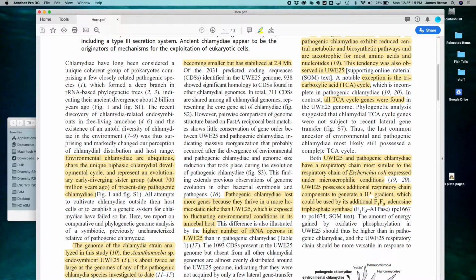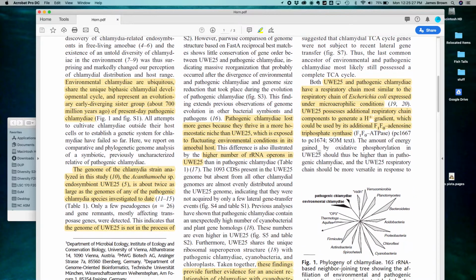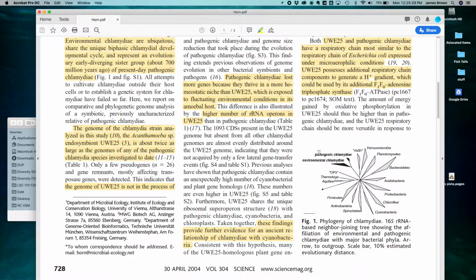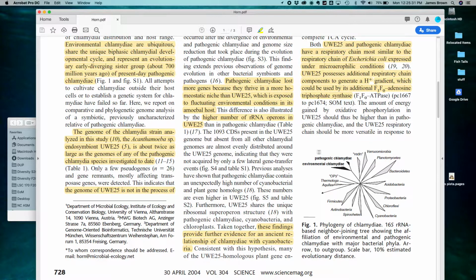And one of the ways that they point that out is that this UWE25 has more ribosomal operons than chlamydia do. They've got some interesting arguments here. They look at the genes, and they see a significant number, as is seen in chlamydia proper, the pathogenic chlamydia, of genes that are most similar to genes in cyanobacteria or chloroplasts.